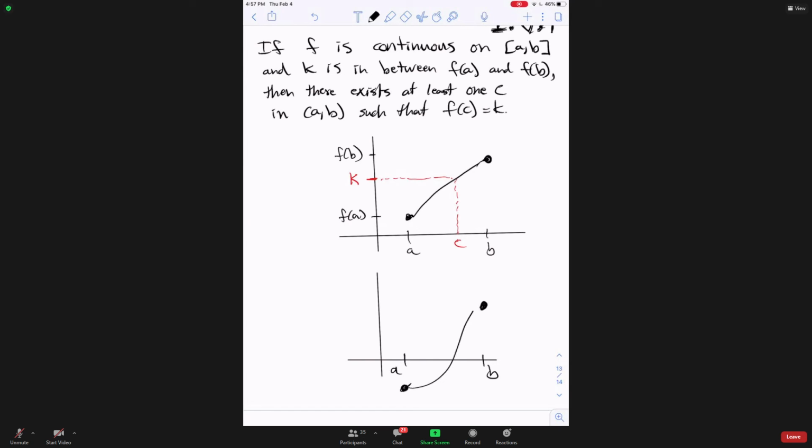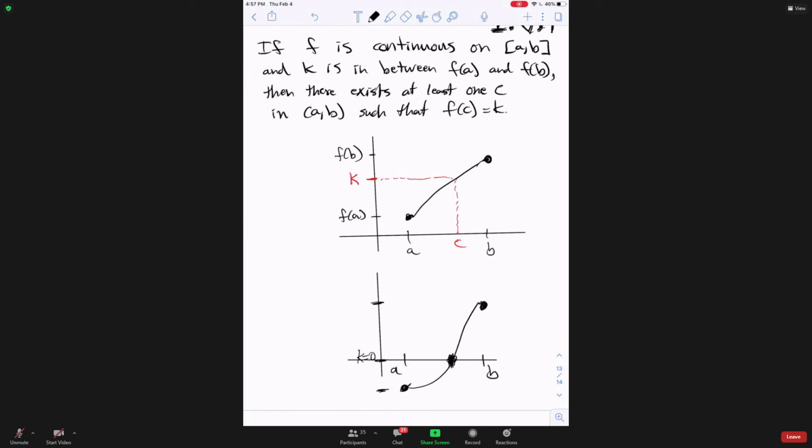No matter what route I take, it's going to have to cross the x-axis at least one time because it's continuous and it has to go from below the x-axis. So in this particular example, k would be equal to 0. Since 0 is clearly between this number and this number, there has to be some c value where f of c equals k. In that case, it would be here.